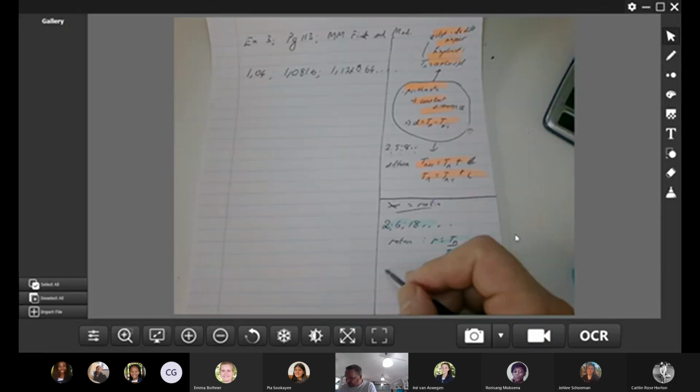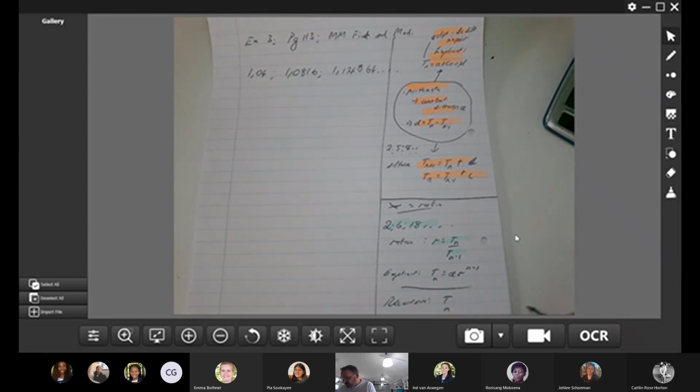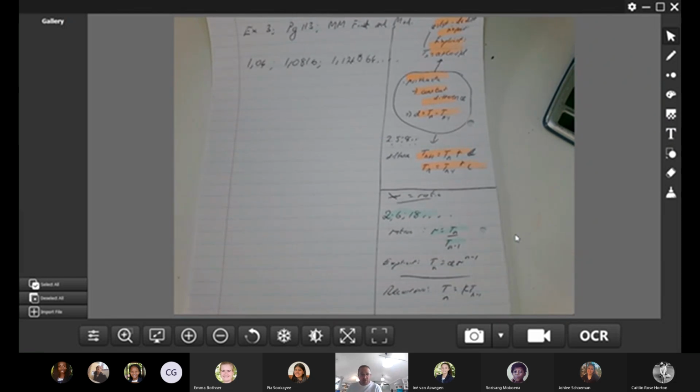If you're looking at the explicit formula, which generates a term based on its position, then Tn is equal to a r to the n minus 1. And the recursive formula is Tn is equal to whatever, k or r times Tn minus 1. It just means you're timesing by a fixed amount to get from one term to the next. So that's your first step, and then we'll look at a combination one later.